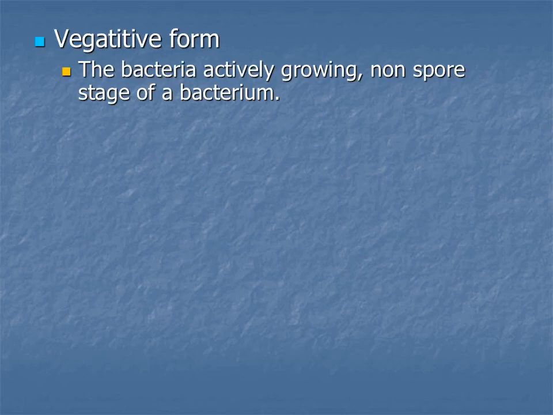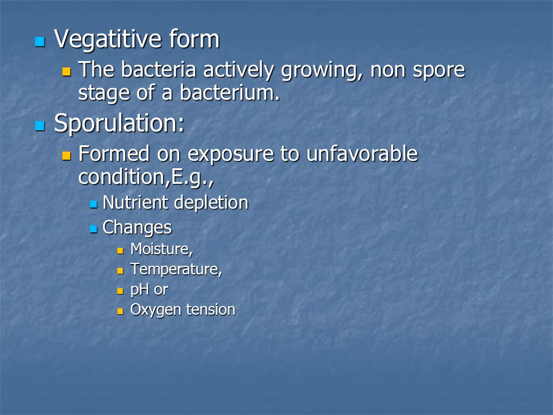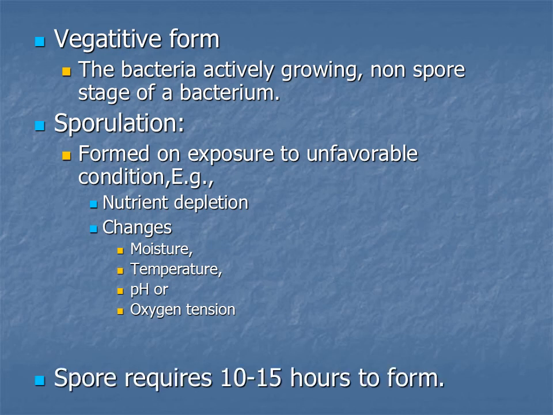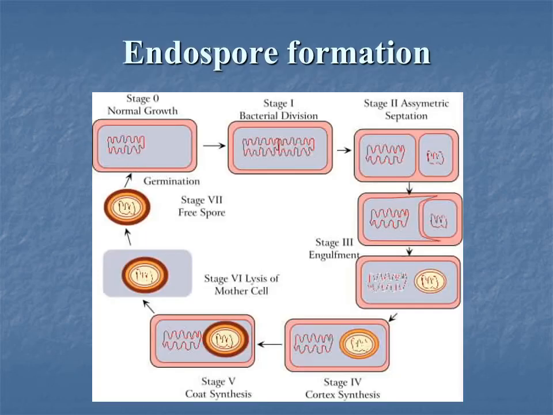Vegetative form is the actively growing non-spore stage of a bacterium. Sporulation is formed on exposure to unfavorable conditions. It can be nutrient depletion, or changes of moisture, temperature, pH, or oxygen tension, and a spore requires 10-15 hours to form.